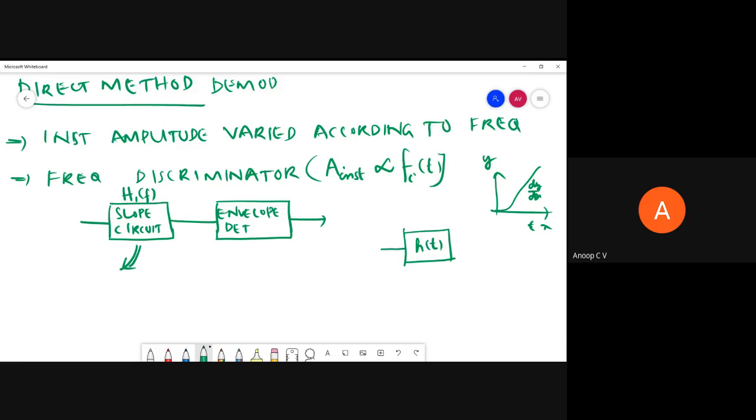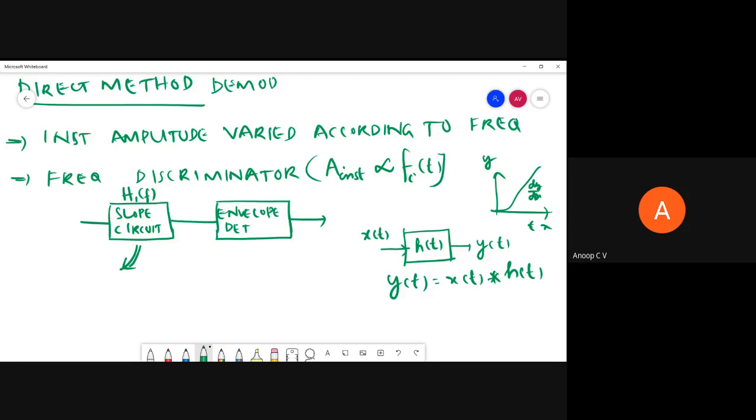If you give x of t at the input and the output is y of t, then input and output are related as y of t is equal to x of t convolved with h of t. This is in the time domain.